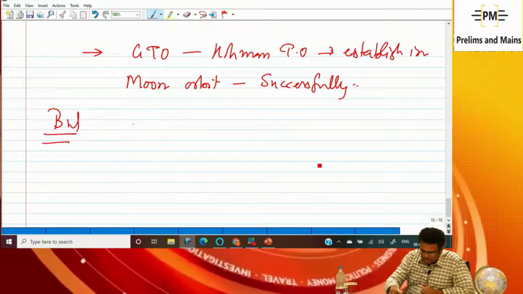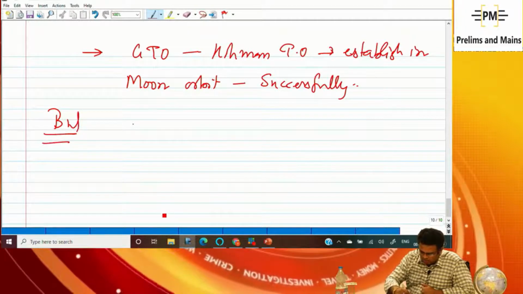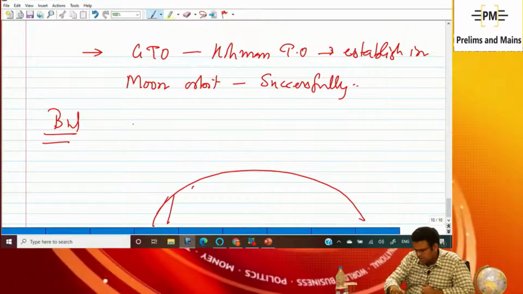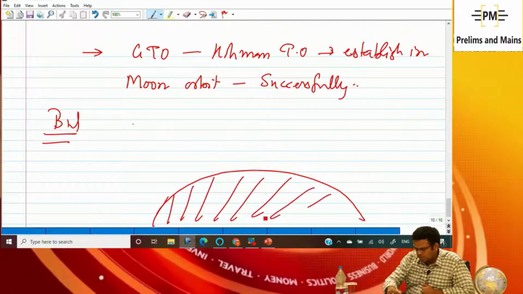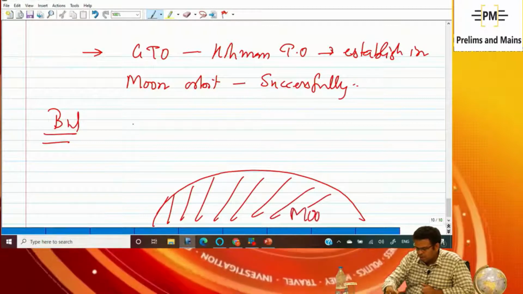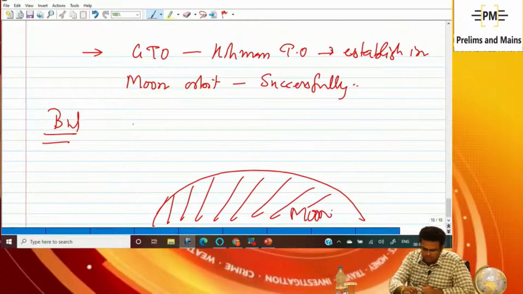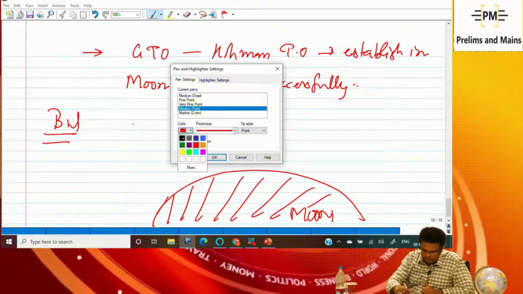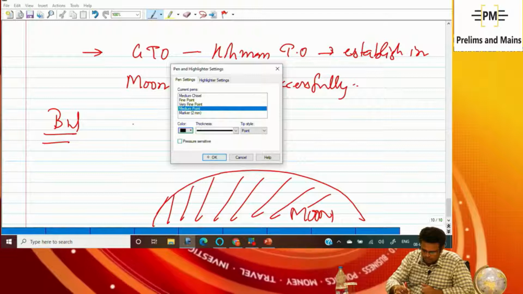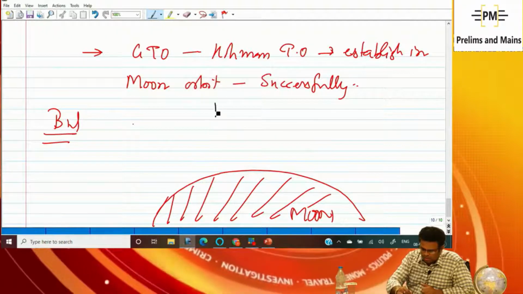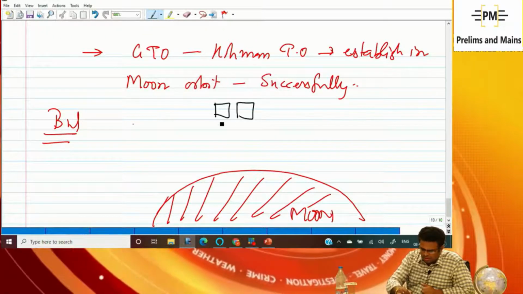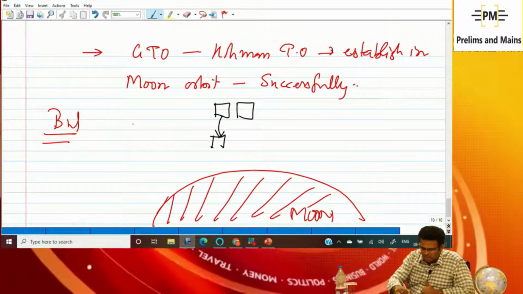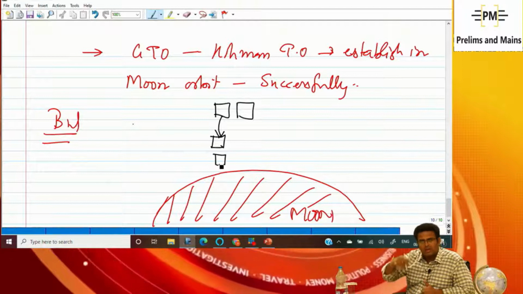So again in Chandrayaan 2 India has got its success, but so you know that this is the moon, and when the orbiter is moving, then from the orbiter the Vikram lander gets detached and starts falling downward, because the lander has to come down.